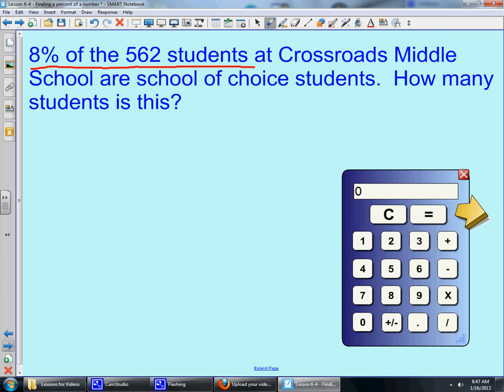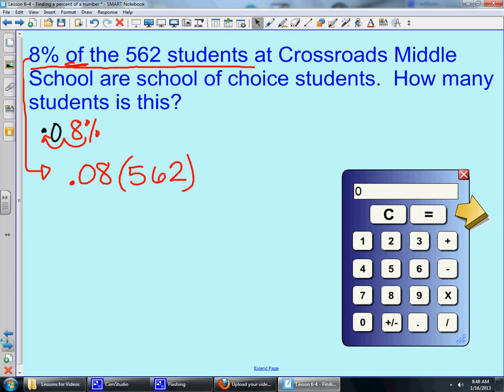So we want to find out how many are school of choice, so we're going to change this into a math sentence. So 8%, we have to move the decimal point 2 places to the left. 1, 2. We don't put the decimal just right in front of the 8 because that would be 80%. So it's 0.08 times, because the word of means times, 562.